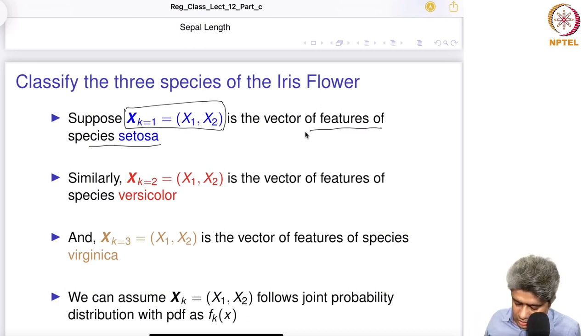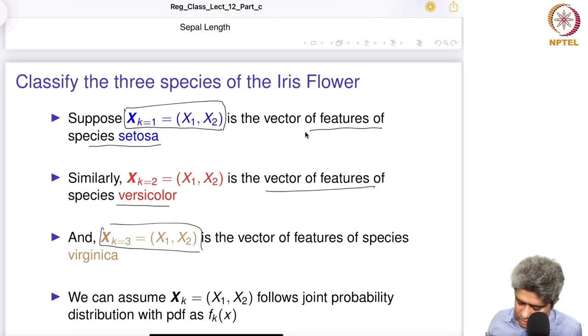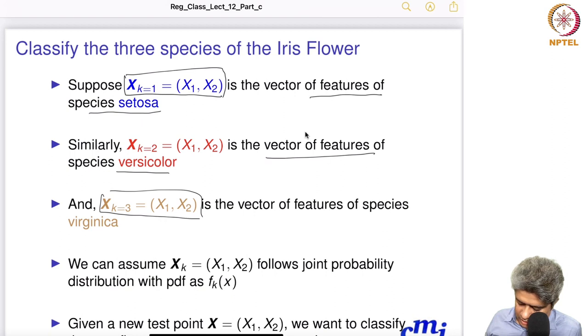Similarly, given the features of the subspecies versicolor, I can create a subset of the data, and similarly I can create a subset of the data where all the species are virginica. So we can assume that x_k follows a joint probability distribution with some PDF, probability density function f_k(x).